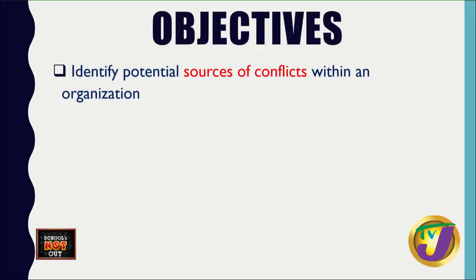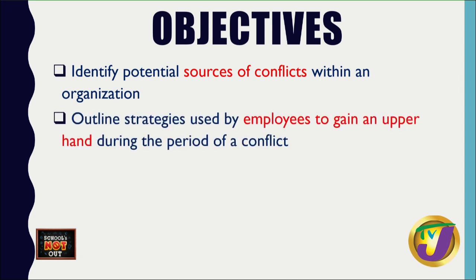So let us take a look at our objectives for today. We will be identifying the potential sources of conflicts within an organization. We will also be outlining some strategies that are used by employees to gain an upper hand during periods of conflict.